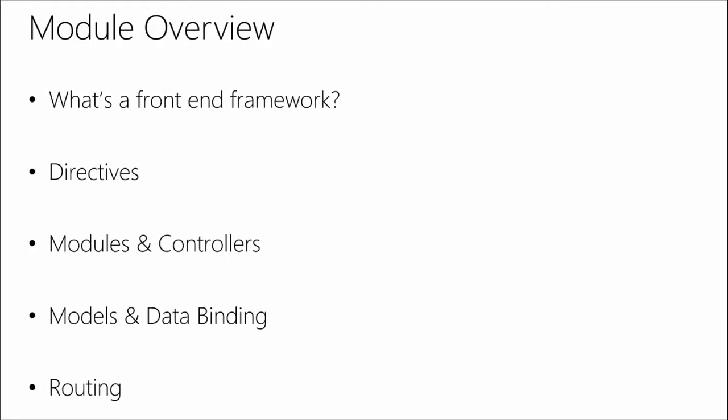And then we're actually going to go into directives, which is essentially how you insert Angular code into your HTML document. We're going to go over modules, which are essentially the application containers for any Angular app, controllers, which is where you're going to put your application logic for your Angular app, as well as the models and data bindings, which is how we're going to actually display to our users our data and what we're getting from the back end, presumably.